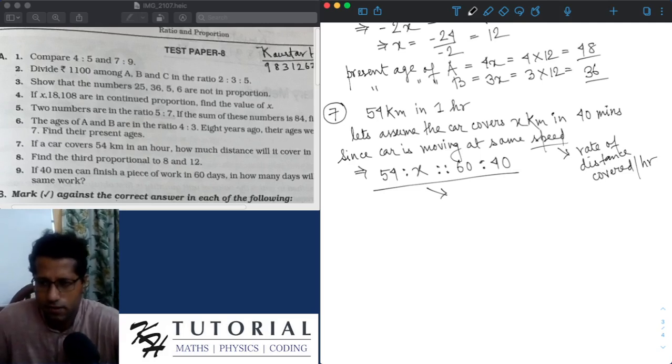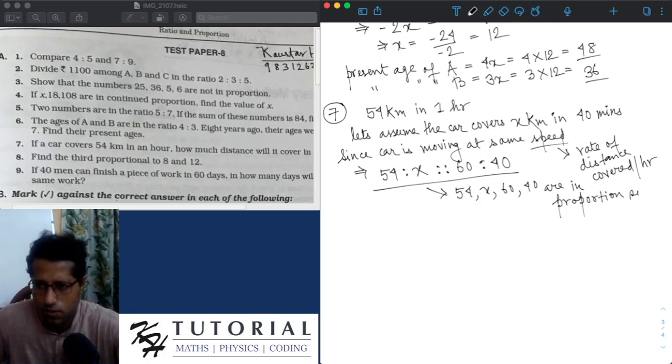We can also say in reverse that 54, x, 60 and 40 are in proportion, only because the car is moving at the same speed.